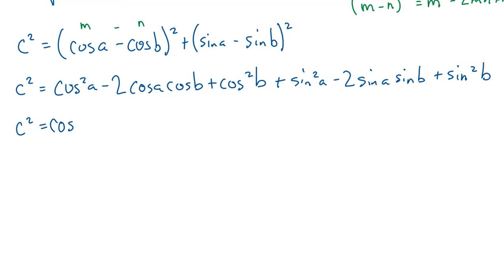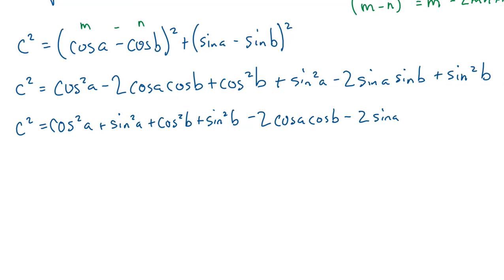So what if I wrote it like this? Cos squared a plus sine squared a plus cos squared b plus sine squared b minus 2 cos a cos b minus 2 sine a sine b. Are you trying to tell me that cos squared a plus sine squared a is 1?